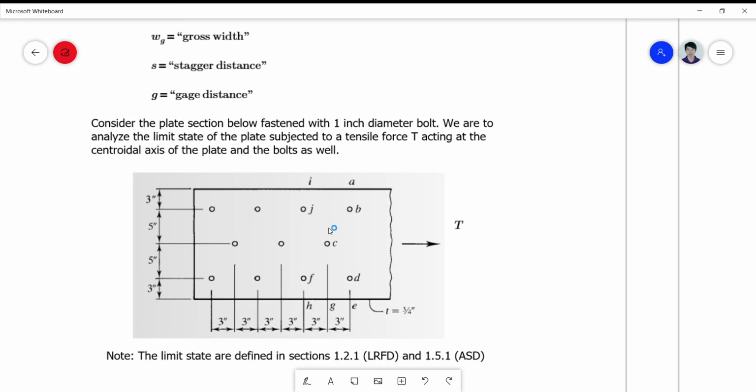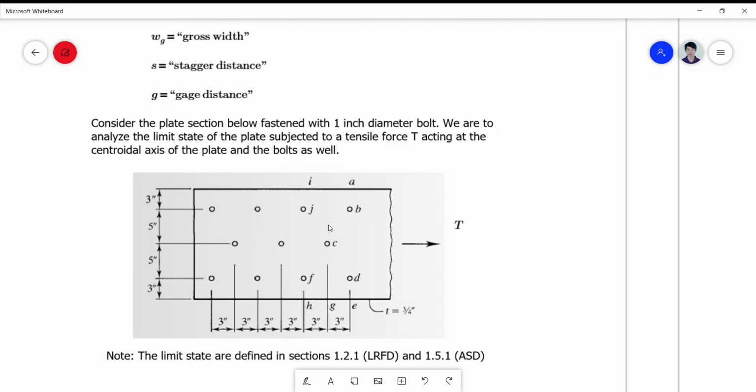The other part is assumed to be not critical. So we focus more on this part in order to demonstrate how these failures may happen here.